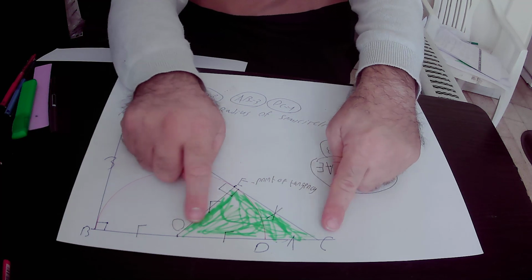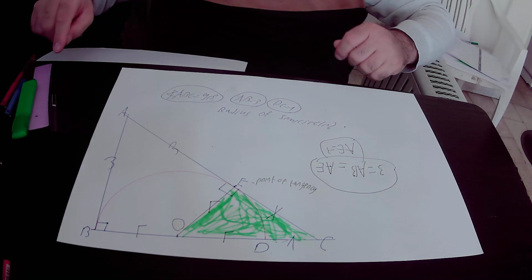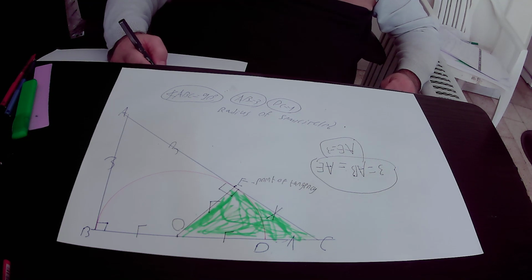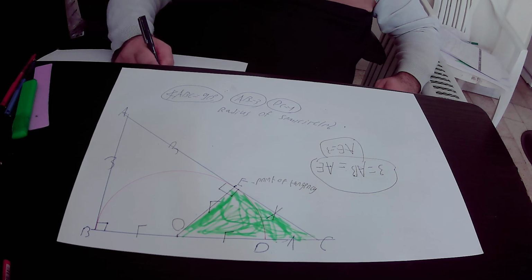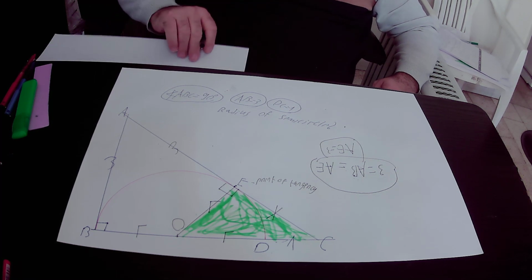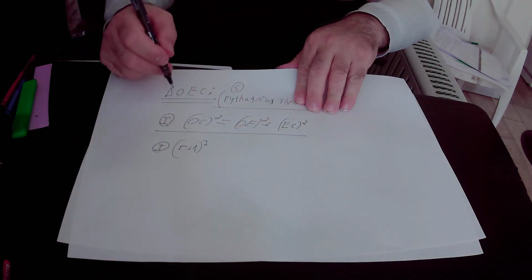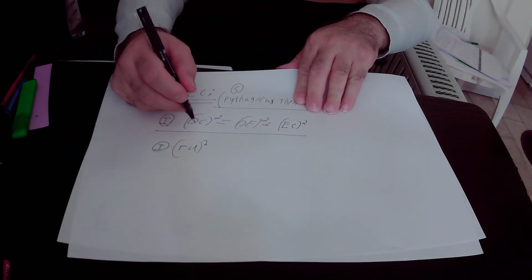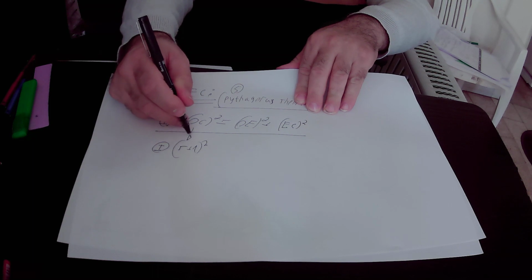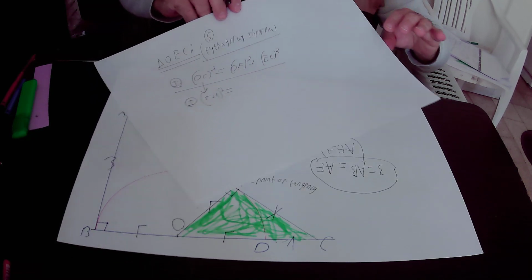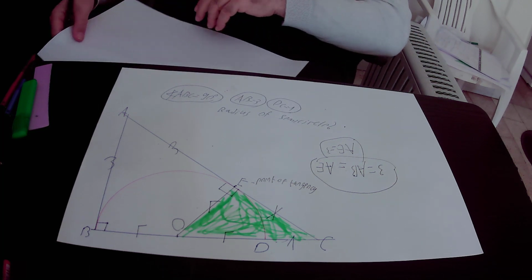Okay, again, OC equals R plus 1. If OC equals R plus 1, then OC squared will be equal to R plus 1 squared. So OC squared equals R plus 1 squared, and all equals OE squared.